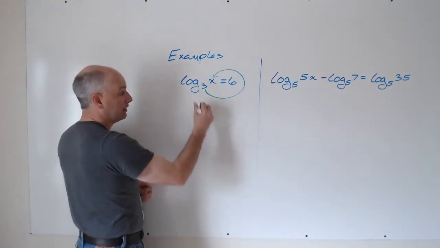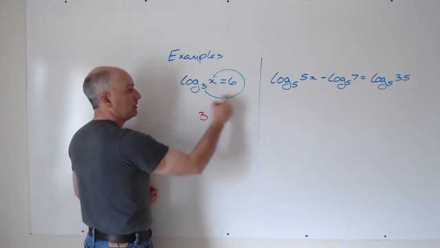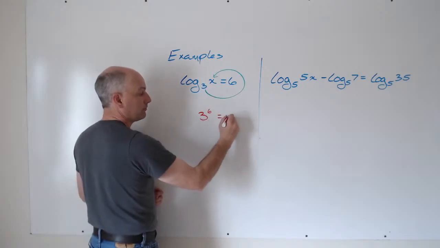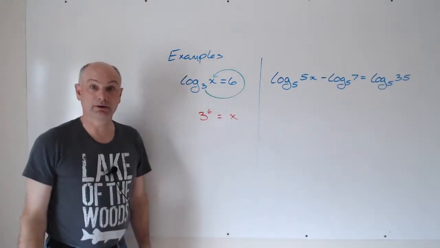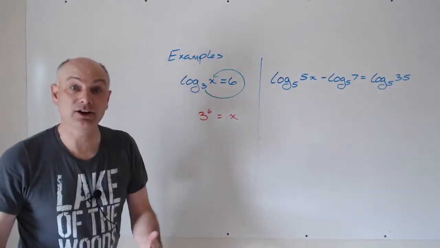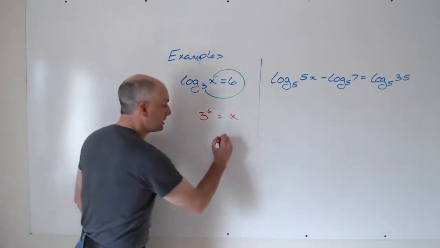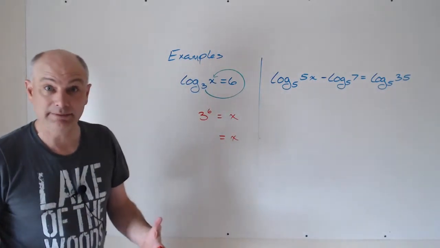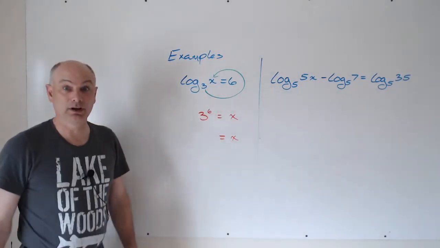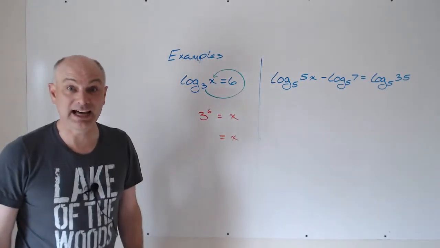Take a look. 3 to the power of 6 is equal to x. And 3 to the power of 6 is something I could calculate using the calculator, or multiply out if I wanted to.